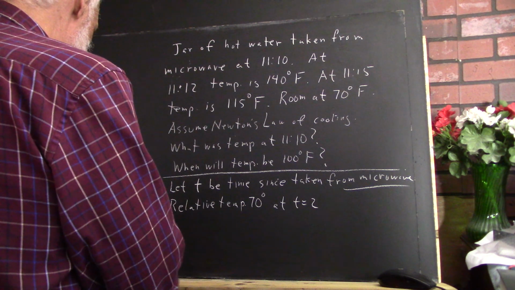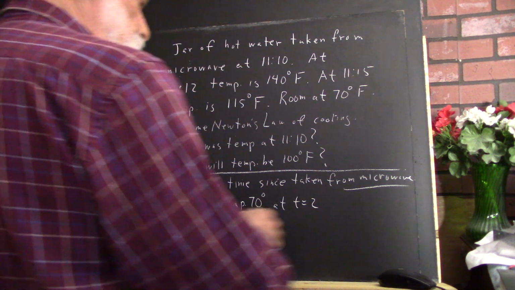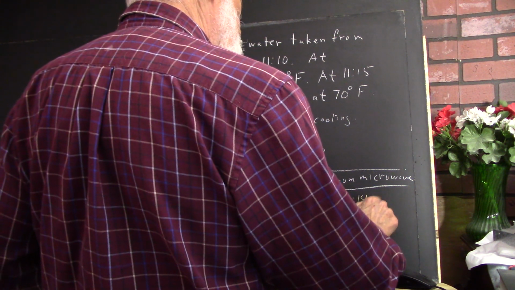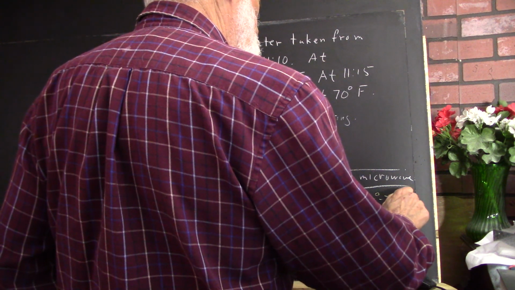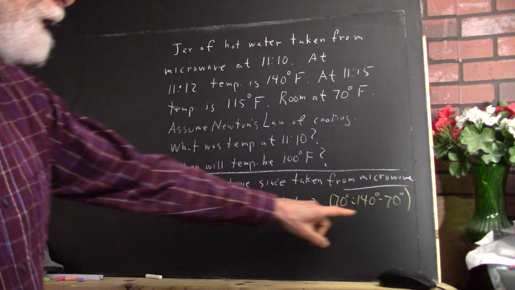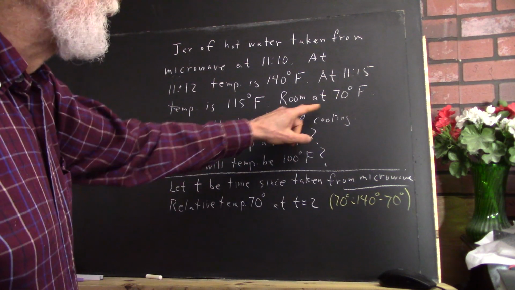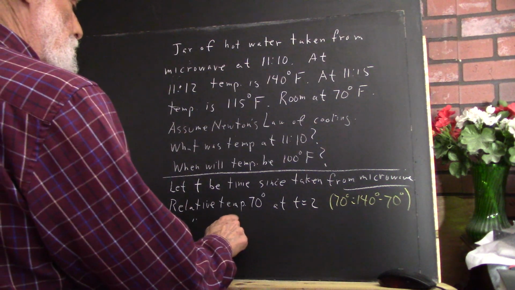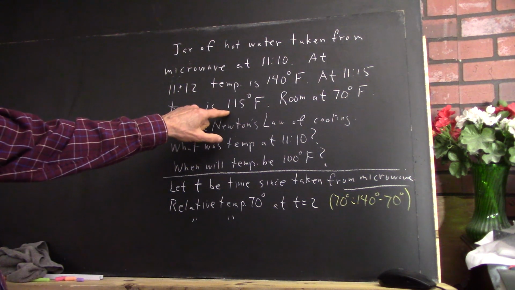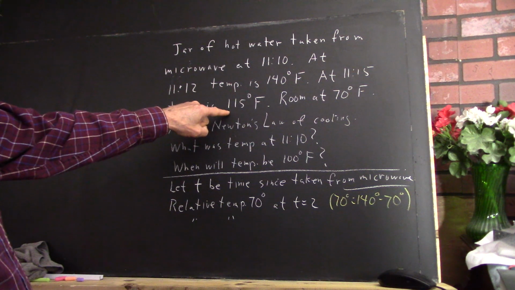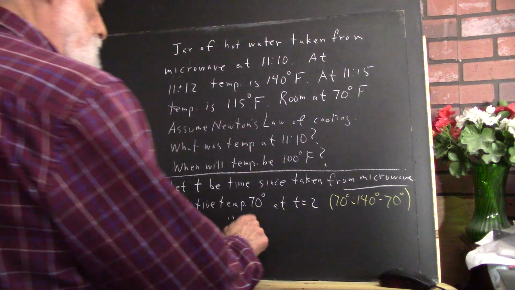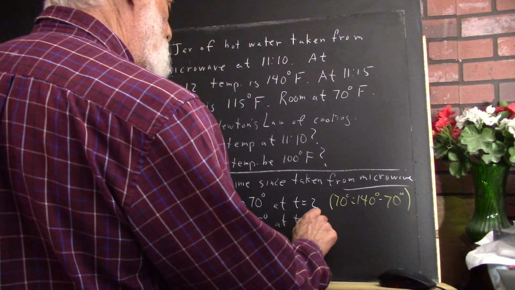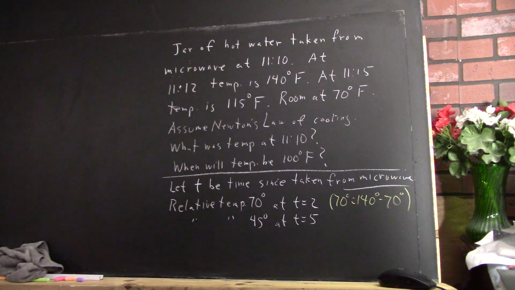And then 70 degrees is 140 degrees minus the room temperature, which is 70. Okay, the relative temperature is what? 115 Fahrenheit is 115 minus 70 relative. That's 45 degrees at T equals 5.